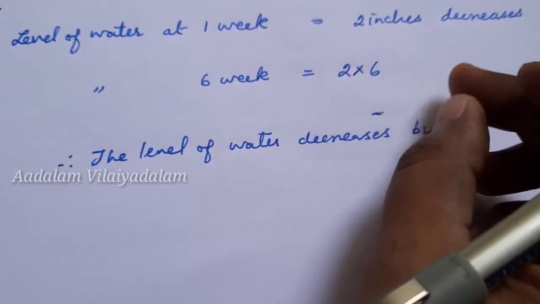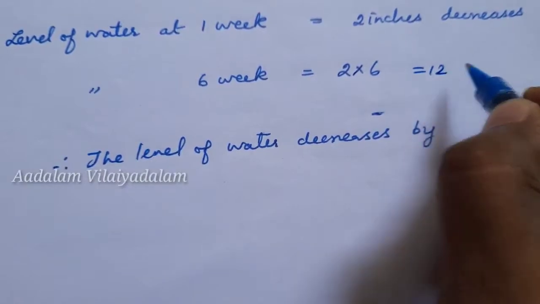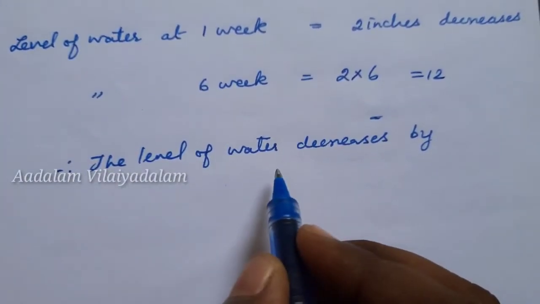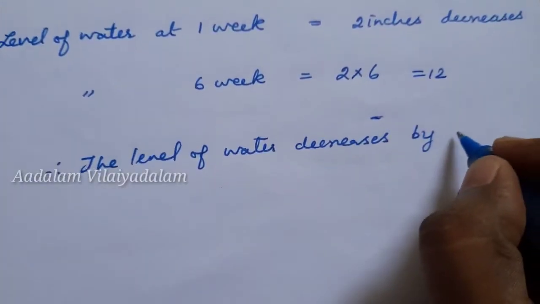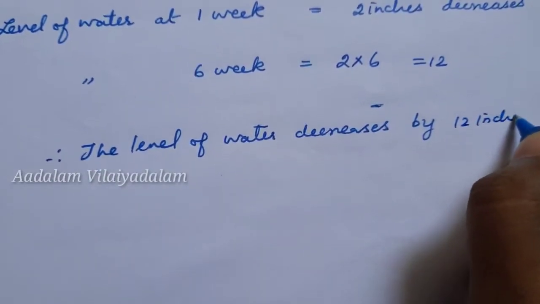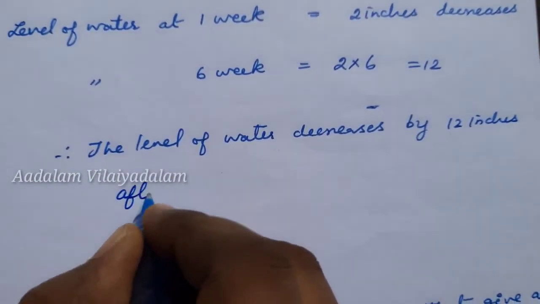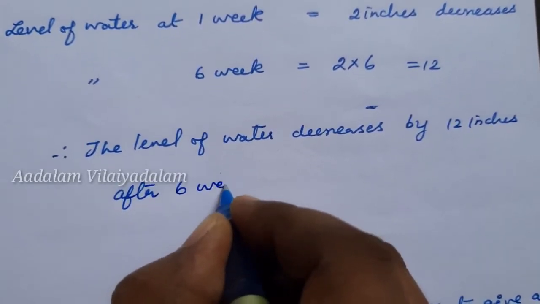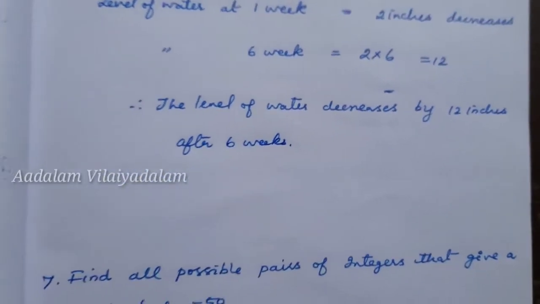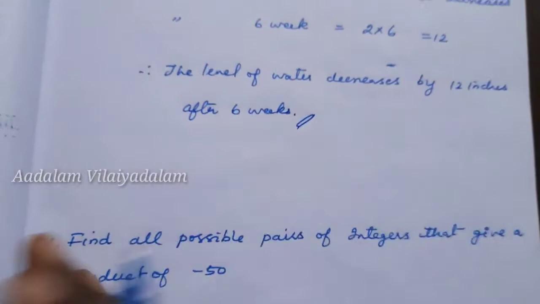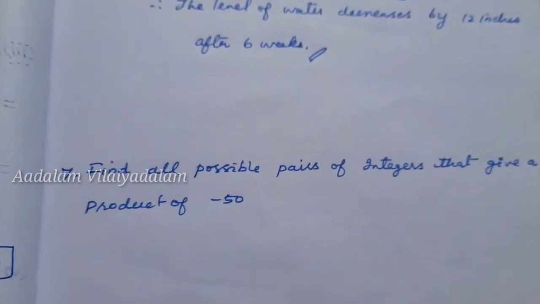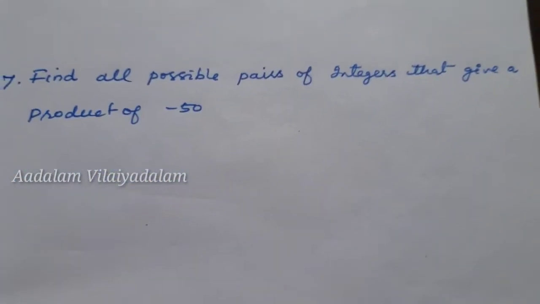If you multiply, then you will get 12. So therefore the level of the water decreases by 12 inches after 6 weeks. So with this, the sixth question was over. Now let's move to the 7th question.